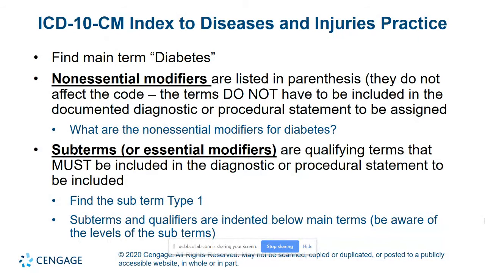So if we're saying diabetes type 1, so let's say type 1 diabetes with renal complications. What does it show next to that? You said type 1. Type 1 diabetes with renal complications.